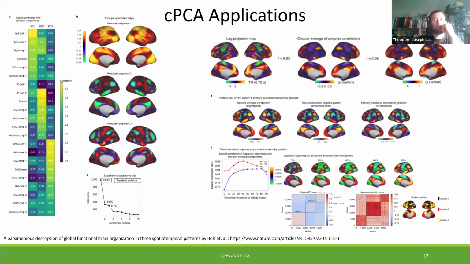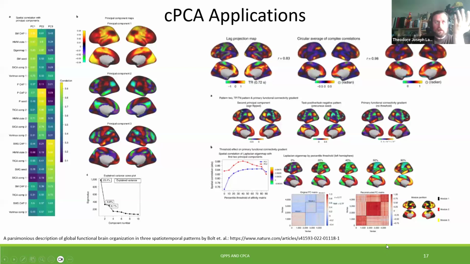Applied to the Human Connectome Project, they demonstrated that there are really three major components of the cPCA, and then correlated it back to the QPPs and understanding how those work.